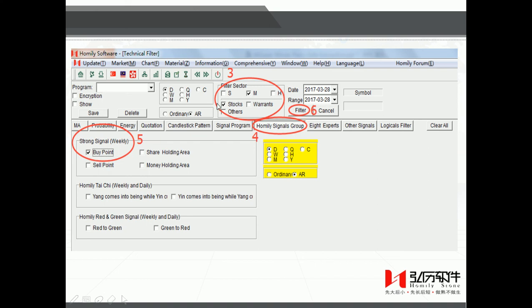Here you can choose stocks, warrants, and others. Then you find the Homely Signal Group, click it, and you find the Strong Signal. Click Buy Points, click Filter, and you filter today's stocks whose candlesticks have become the first red. That is the buying signal, right? So it's very easy to understand.